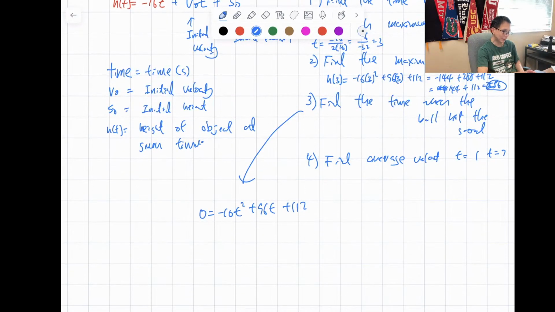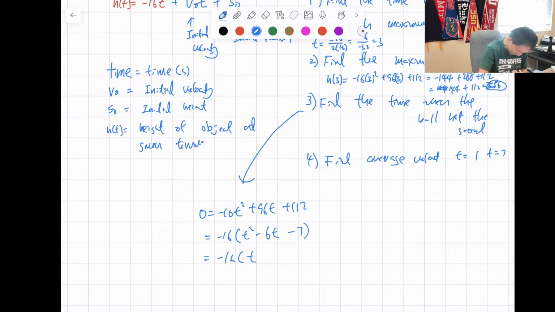You can factor out negative 16 because they all have a factor of negative 16. What's 96 divided by 16? What is it? 6, good. But this is minus 6t, right? How about 112 divided by 16? 7. Miranda is really good at calculations.